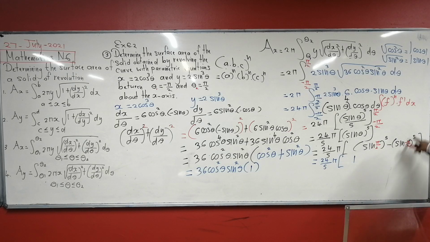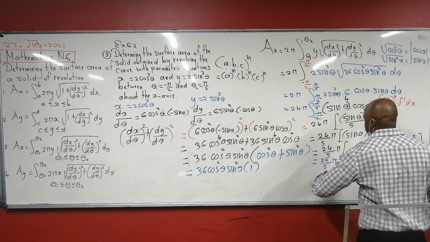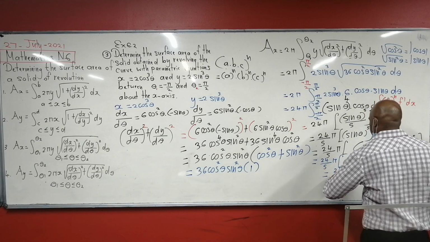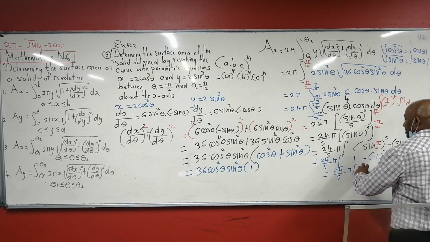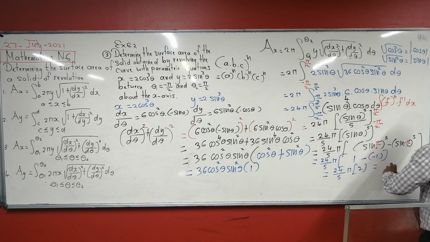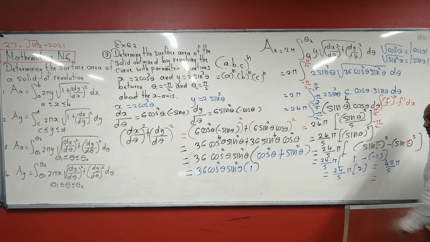This is going to be minus 1 to the power 5, which is going to be minus 1. So 1 plus 1 will give me 2. So that's going to be 24 times 2, which is 48 over 5 pi.